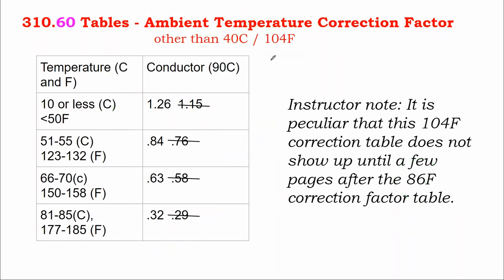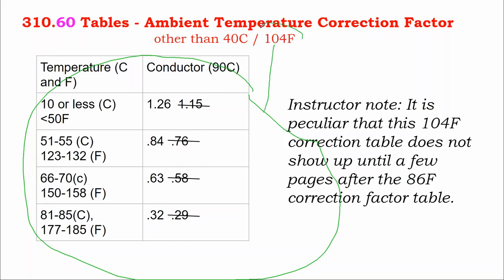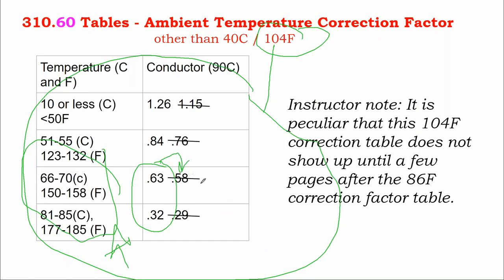And so what we see here is, instead of calculating this table using 86 degrees as a reference point, we've calculated the same table using 104 degrees as a reference point. And since our starting reference point was higher, when we get into real ambient operating temperatures, we don't have to derate as much as if we're using the lower temperature.